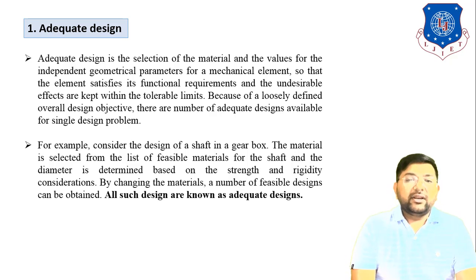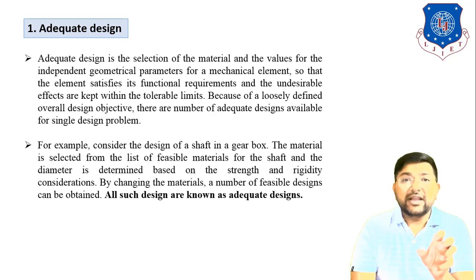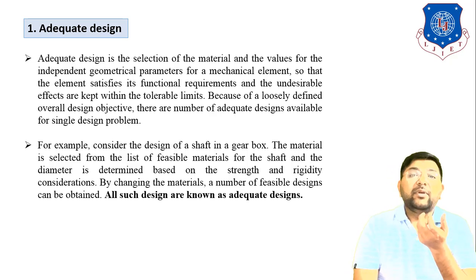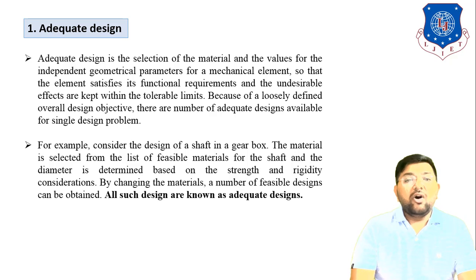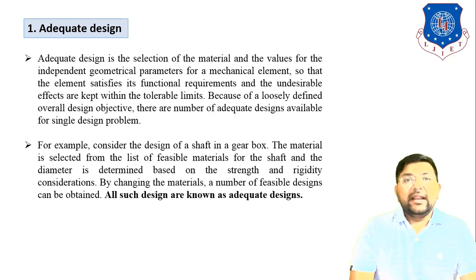By changing the material, a number of feasible designs can be obtained. Means if instead of steel you are using cast iron, or if you are using another material, then the design may change. All such designs are known as adequate designs.